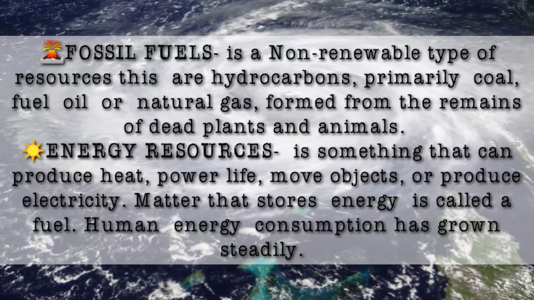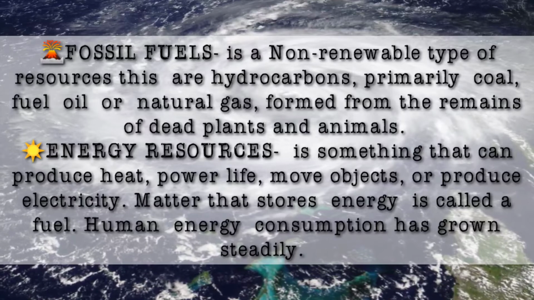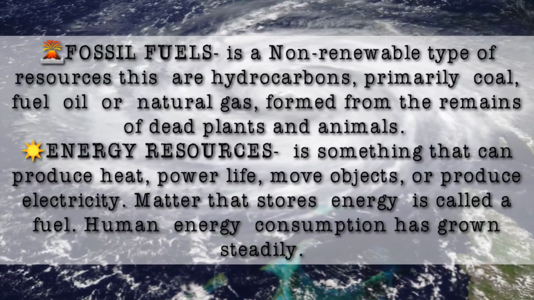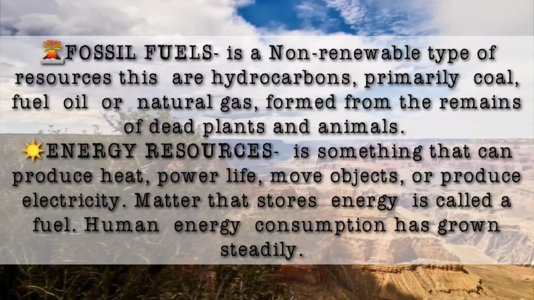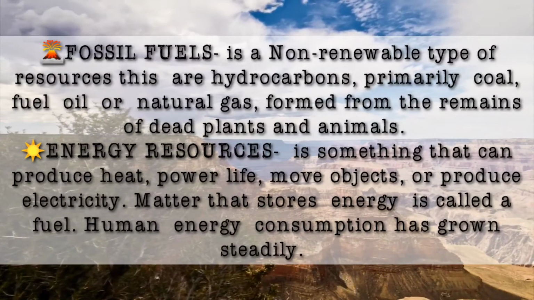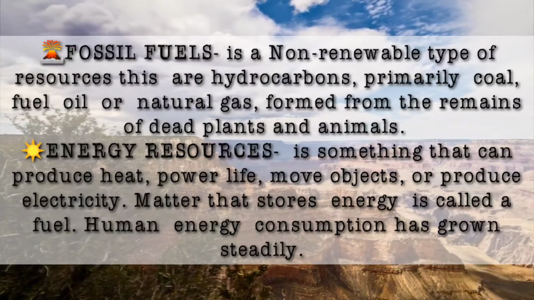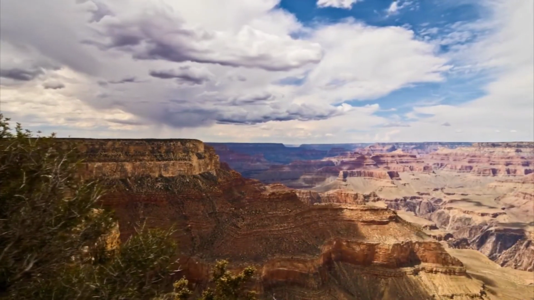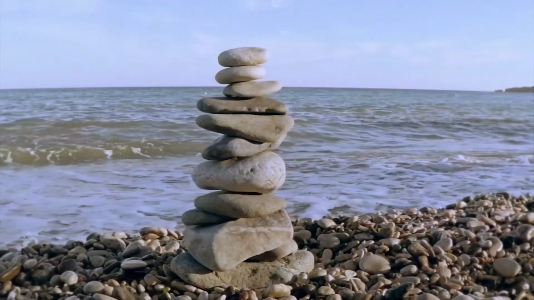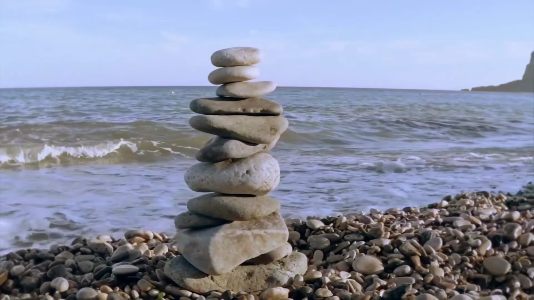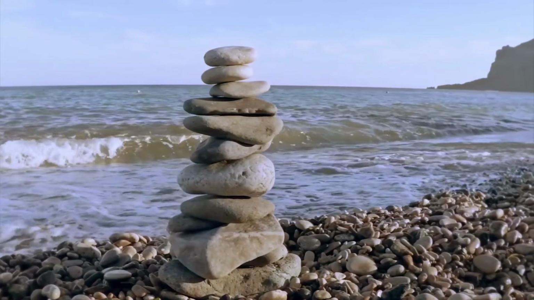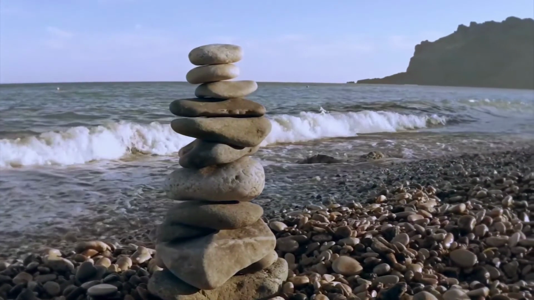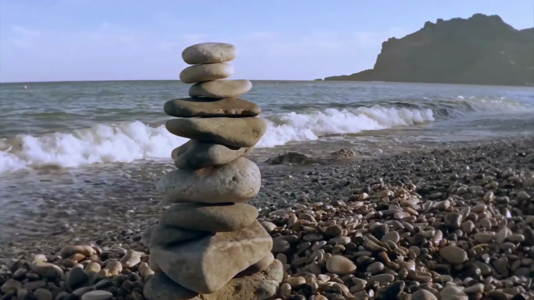This is something that we can produce from heat, power, light, to move objects, and to produce electricity, which is one of the most important things in our life. Those resources are very important because of how the earth helps us in our daily living.